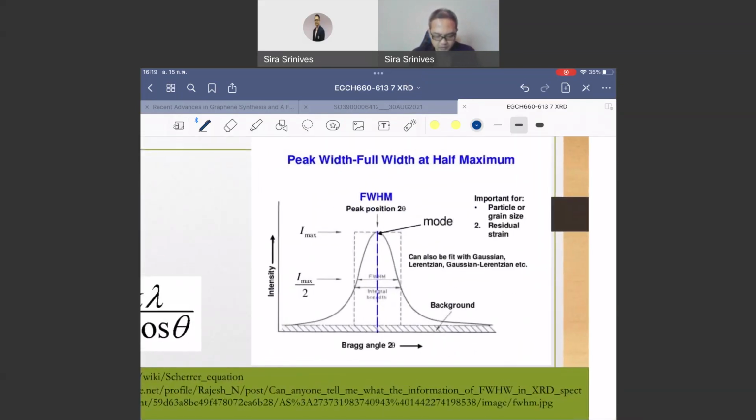This is another picture that represents how to measure the beta value, which is the peak's full width at half maximum.